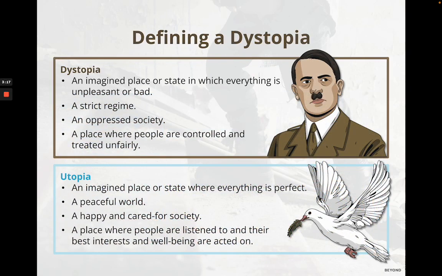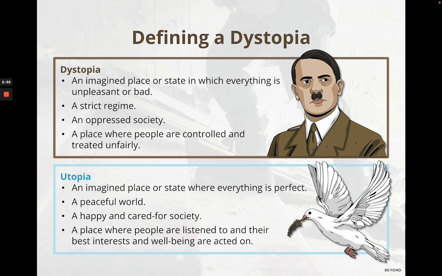All right, so the definitions of each of these are: a dystopia is an imagined place or state in which everything is unpleasant or bad. There is a strict regime, meaning that there is a ruler at the head of this dystopian world that is controlling everything, and they have rules and systems by which people need to abide.